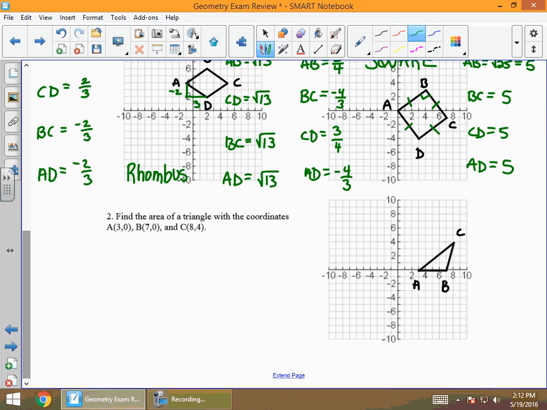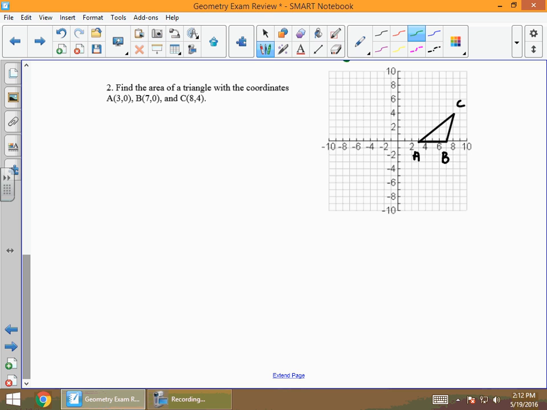And now as I jump down to question number 2, this is the same triangle that we did in, I think, the first part A. It's the same coordinates, and it wants us to find the area. So the area of a triangle is 1/2 of the base times the height. And since this is not a 90-degree triangle, I'm going to actually have to find the height.